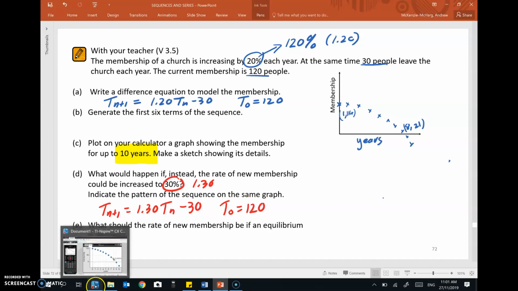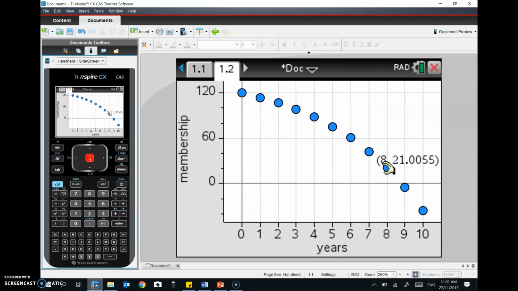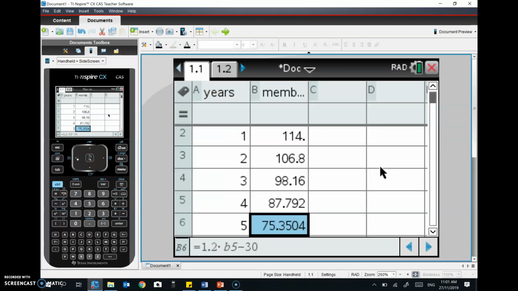Okay, so we'll go back to the calculator. I'm going to go Control left, get back to this screen. Okay, now I'm going to put a new membership column for this change situation up here. I'll call it membership 2.